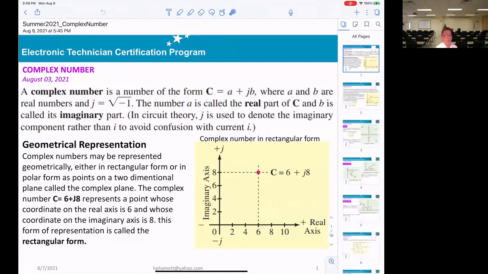Okay, so today we'll be talking about complex numbers. This is another way of solving for AC circuitry.